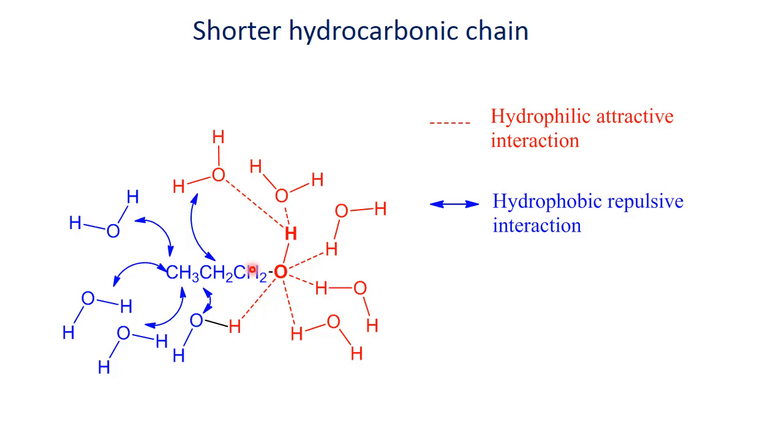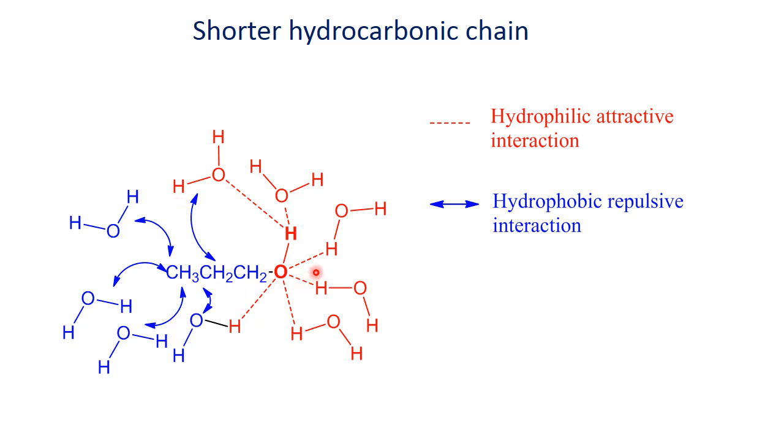As we know, guys, in alcohol we have two parts. The hydrophilic part, which attracts water, as you see here in the red color. This is the hydrogen bonding, which is the reason why alcohol is soluble in water: a hydrophilic attractive interaction with water. And the hydrocarbon part is hydrophobic, it repels water.